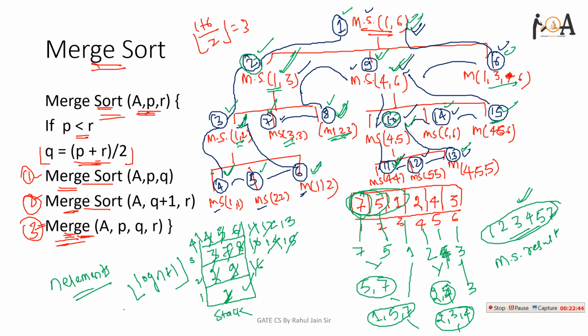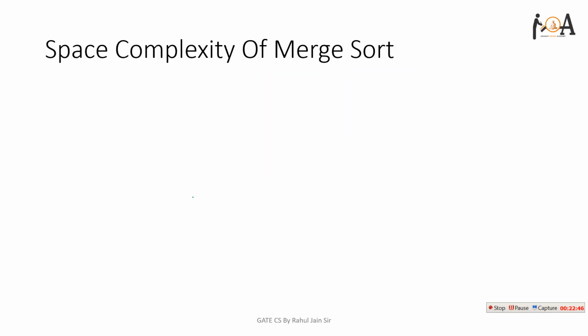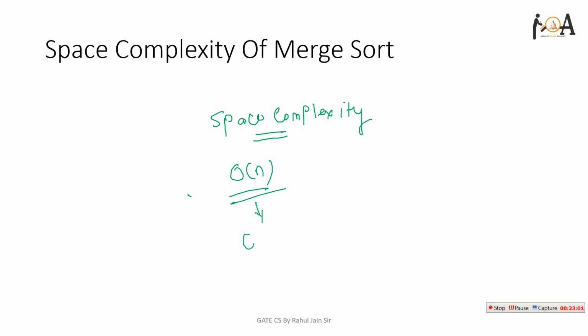Okay guys, and if we talk about the space complexity of merge sort, then we will require order of n for copying all elements into the array, as we require order of n extra space, plus we will require order of log n plus 1 for stack space.